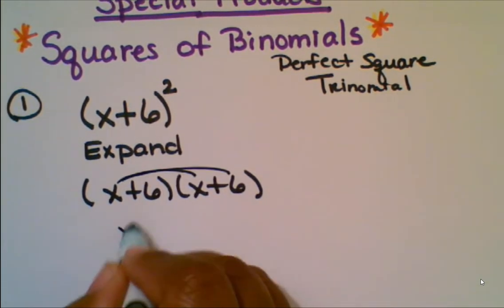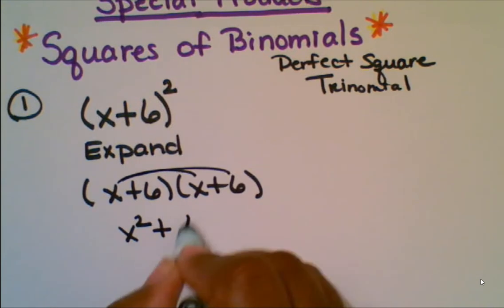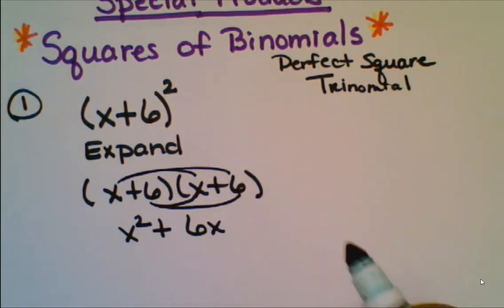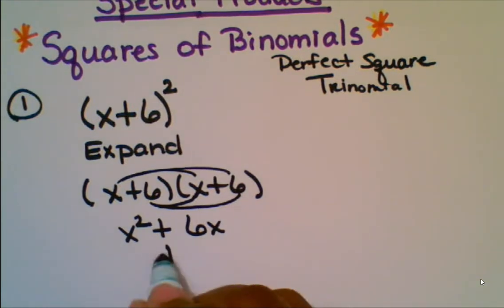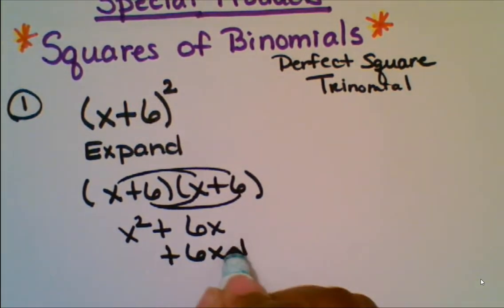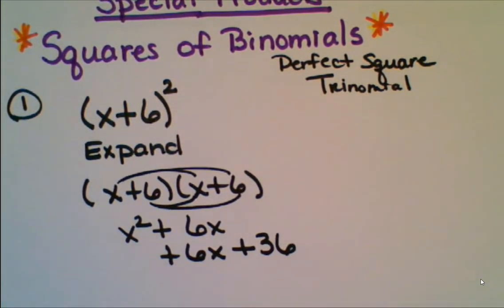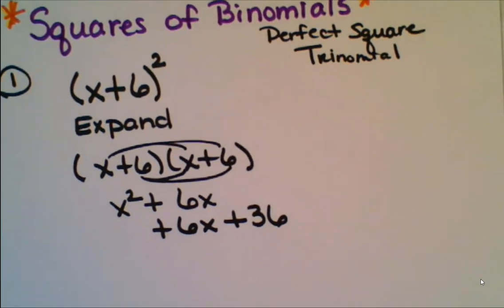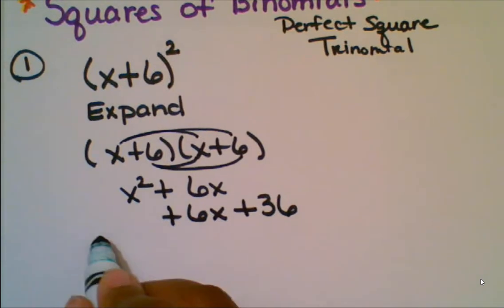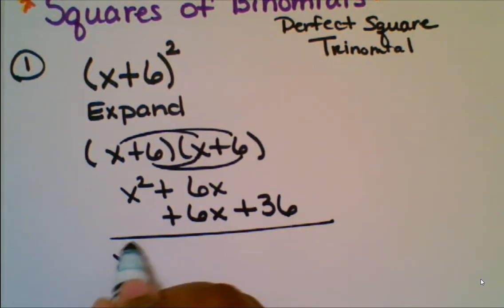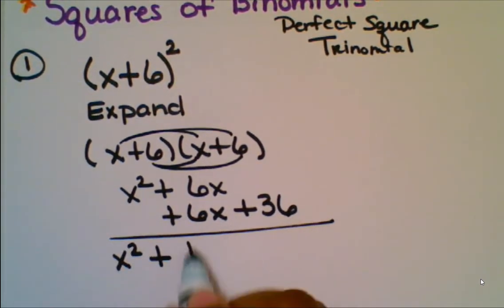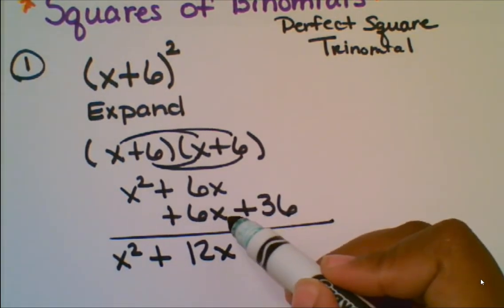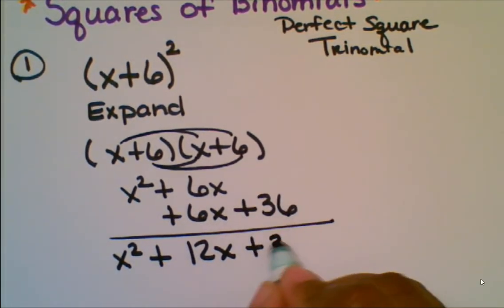We have x squared plus 6x. Then we're going to take the 6 and distribute twice. And we have 6x plus 36. Then we add our like terms. And you will notice that the middle terms, the 6x and the 6x, they are identical.